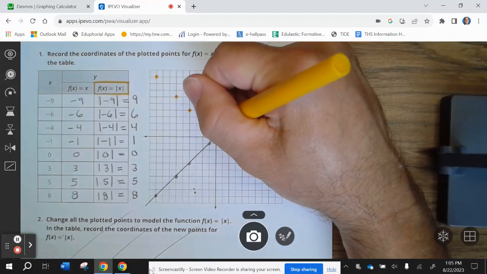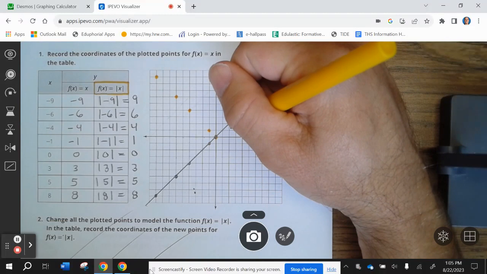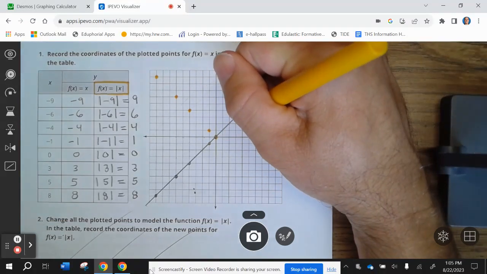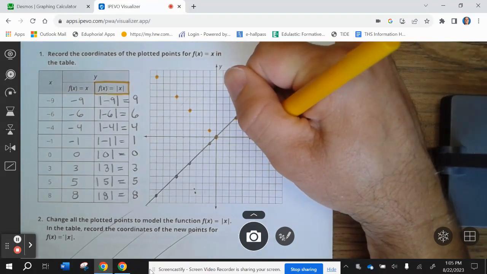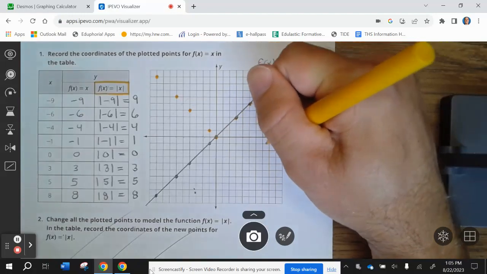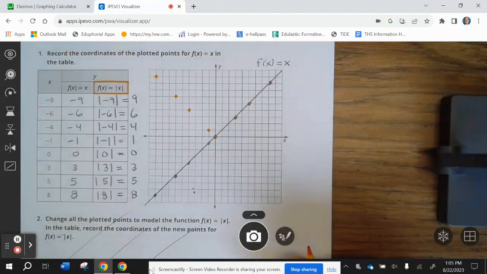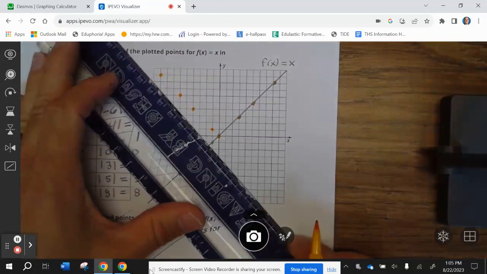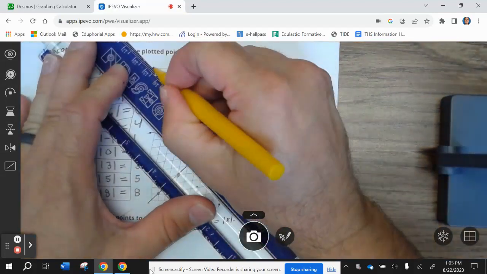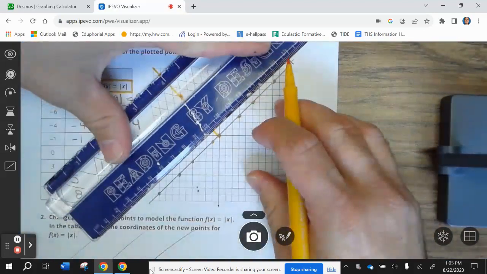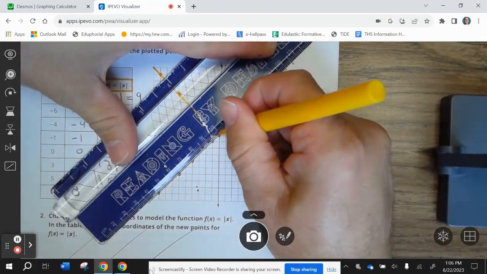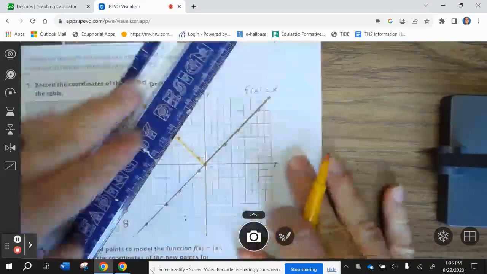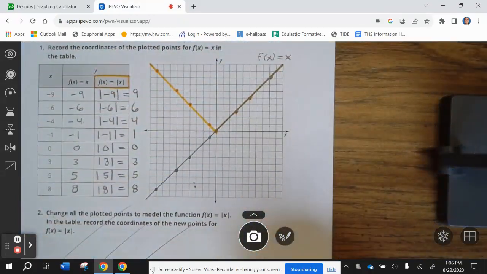Negative 1, 1. 0, 0. 3, 3. 5, 5, and 8, 8. Okay, there's your absolute value.